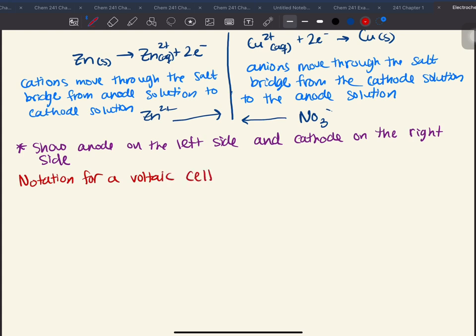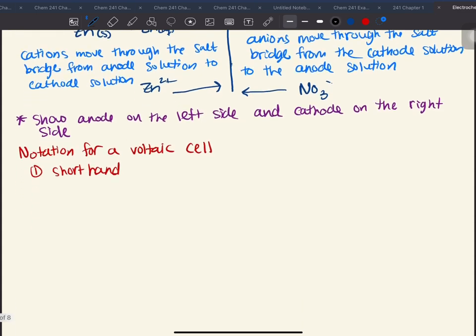The first is just the shorthand. And that is where you just show your solid electrode, and there is a barrier between the solid and the ions. And that barrier is just the solid electrode into the electrolyte solution. And then there is a separation of the two reactions.